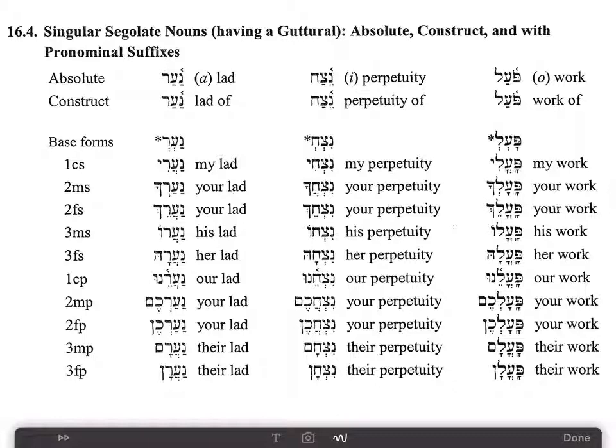But the trick on these, you'll notice, is that oftentimes when we get a silent schwa at the end, this word would normally look something like this if we were just going to finish it out. If we did the rules, everything normal with no guttural, this is what the word would look like.